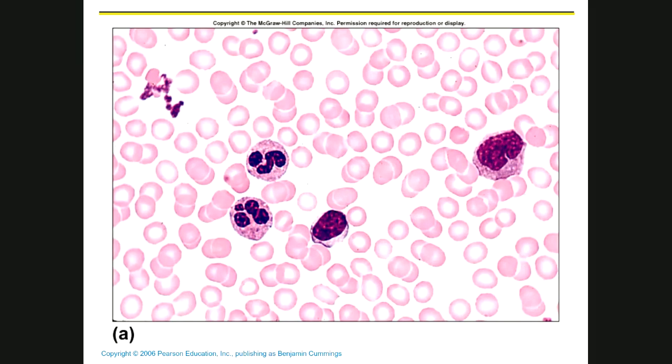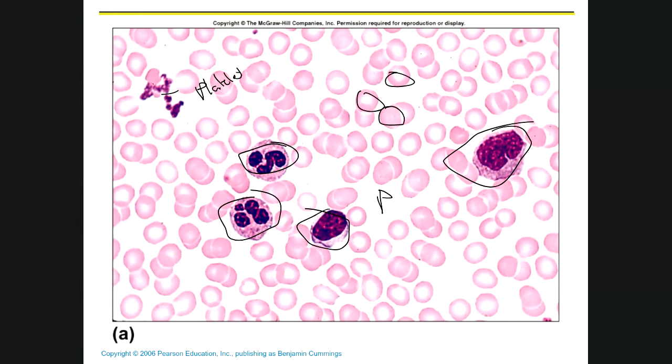And in this picture, you can see plasma, you can see white blood cells, and you can see platelets. And then, of course, tons and tons of red blood cells. Any questions?